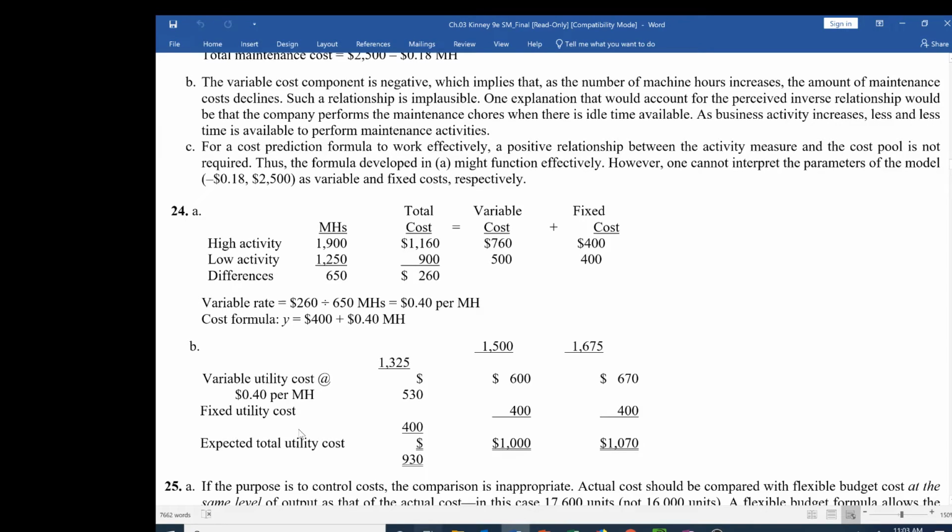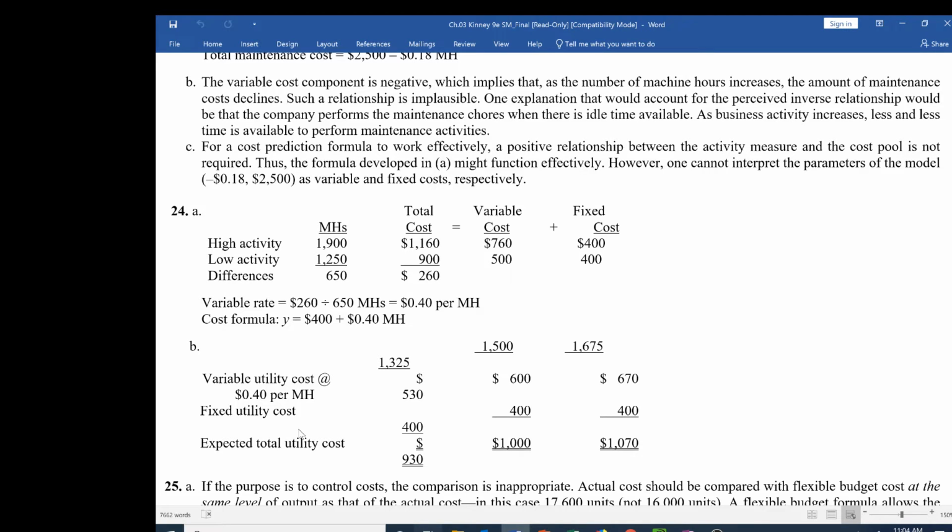That looks about what I thought. The high activity 1900, the low activity 1250, the high cost, the low cost. The difference is 260. So 260 divided by 650 gave us what, 40 cents? That look right to you? Yeah.